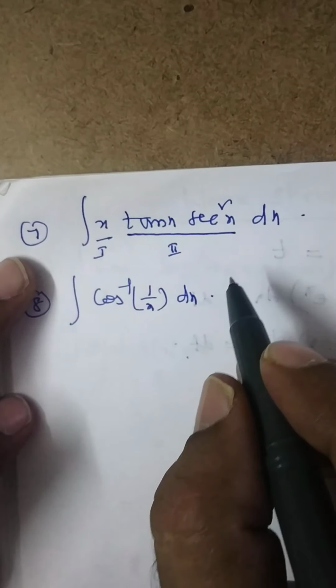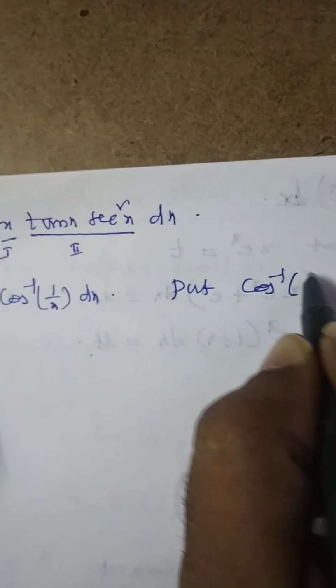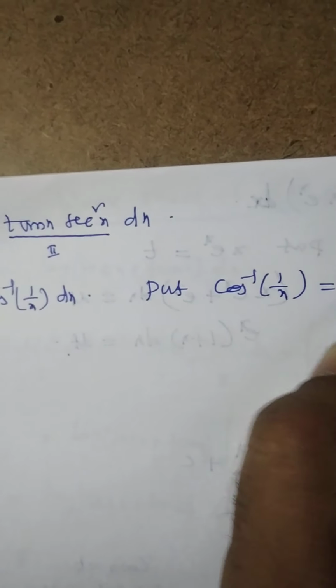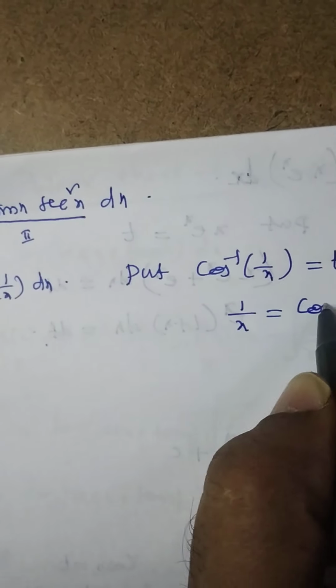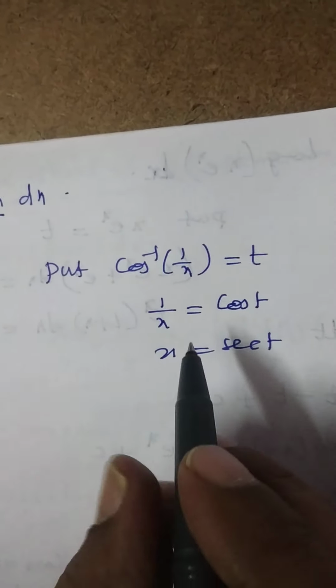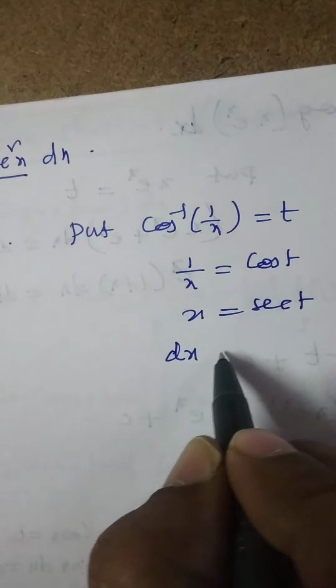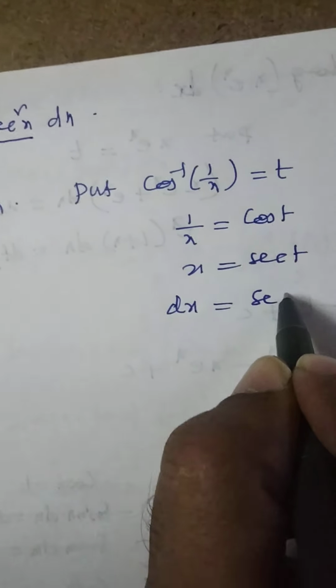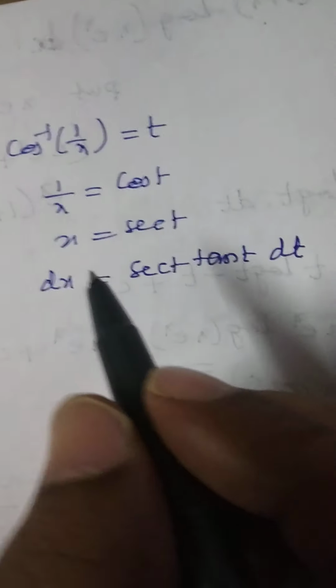So here put directly cos inverse of 1 by x is equal to t, or from this directly 1 by x is equal to cos t, so x is equal to secant t I am getting. Similarly, by differentiating with respect to x on both sides, dx is equal to secant t into tan t into dt I am going to get. Now let us get back to the integration here.